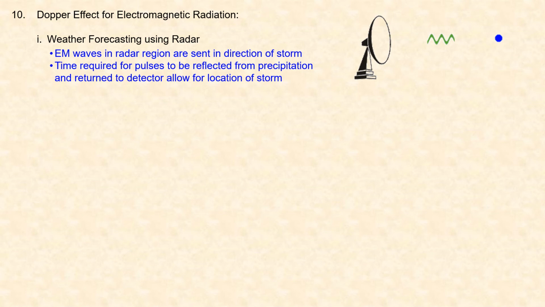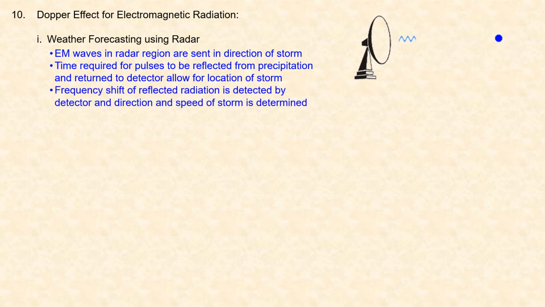The Doppler effect has not been used yet, but now the frequency shift of the reflected radiation is detected by the detector, and from that new frequency, the computer can go through the calculation that we looked at on the previous slide. If this storm is now moving either towards the source of the waves, that is the radar transmitter, or away from the radar transmitter, we can then use that equation to determine the speed of the storm.